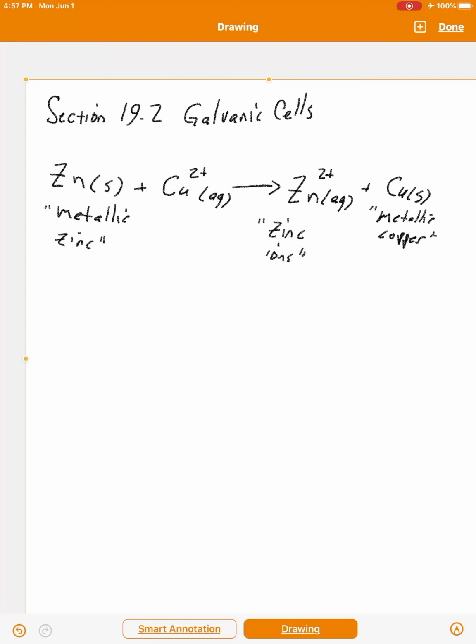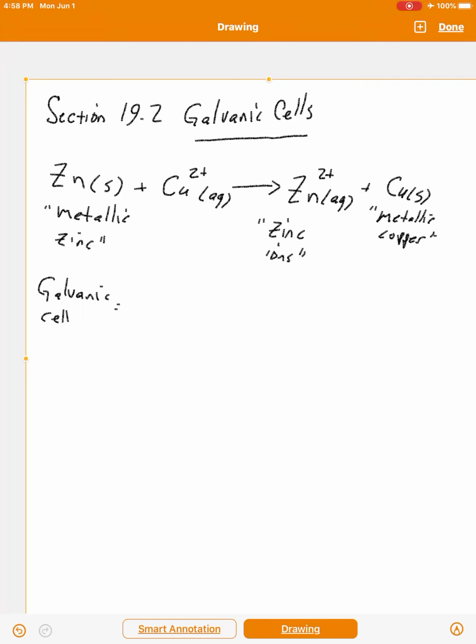Now, if we take zinc and put it into one container, copper 2 ions and put it in another container, and arrange it in a particular way so that the reaction is able to run, we will call this a galvanic cell. And let me define a galvanic cell, sometimes called a voltaic cell.